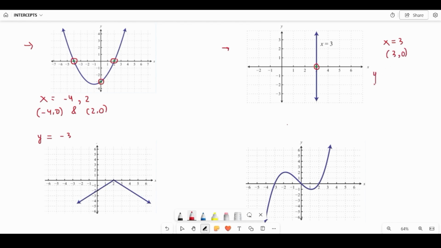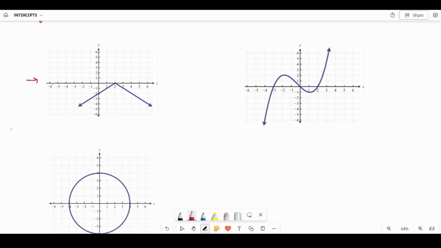So here the y-intercept does not exist. Now here the x-intercept is going to be at x equal to 2, or we can say (2, 0), and the y-intercept is at y equals negative 2, or in ordered pair it will be (0, -2).